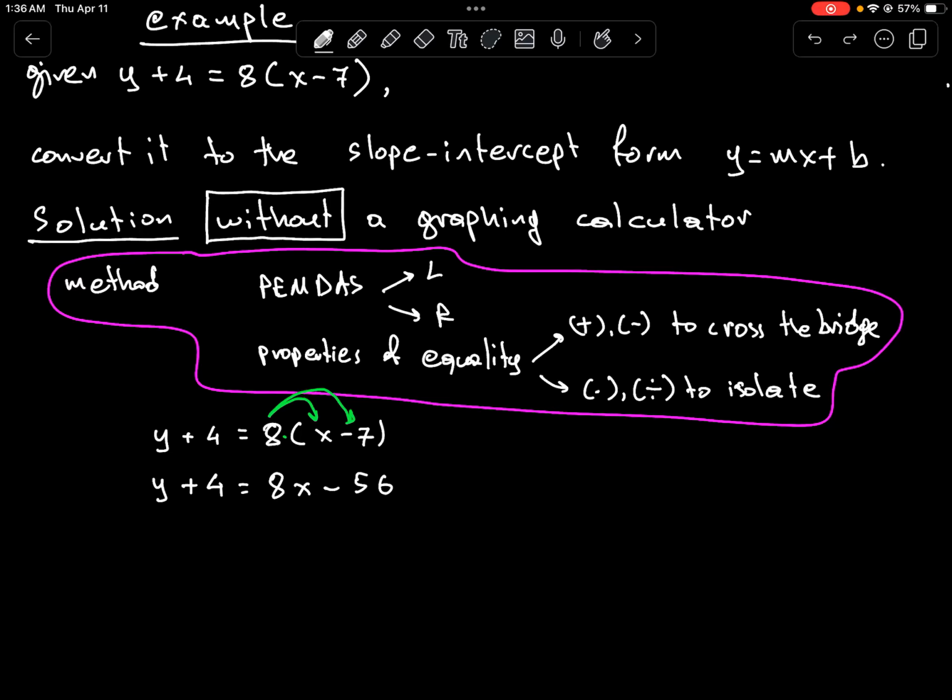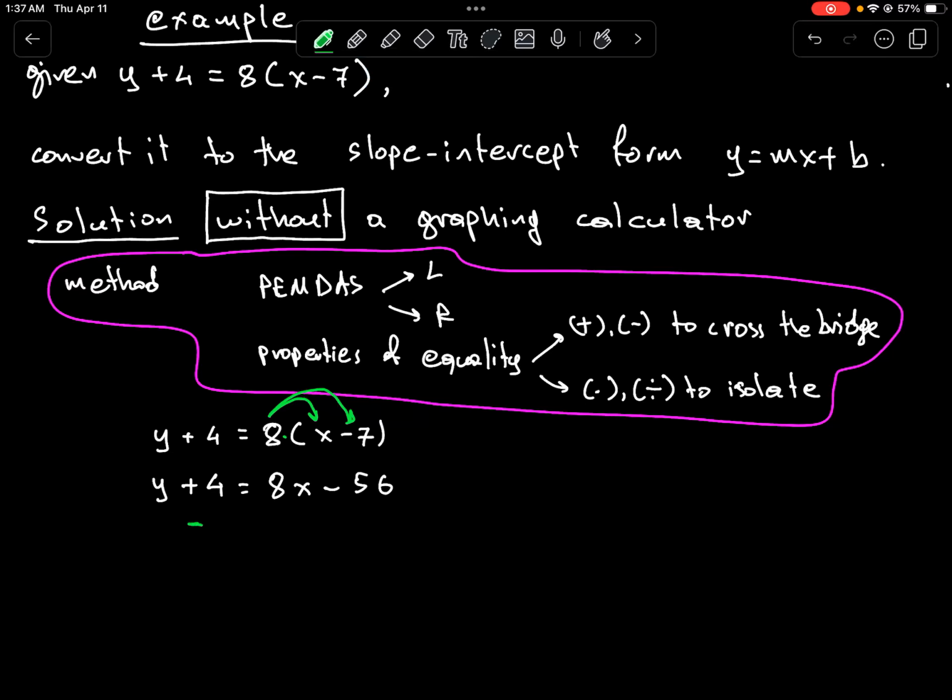So I'm gonna use the subtraction property of equality to eliminate the plus 4, but to do that I have to subtract 4 from both sides. And well, maybe let's change the color to emphasize what I'm doing.